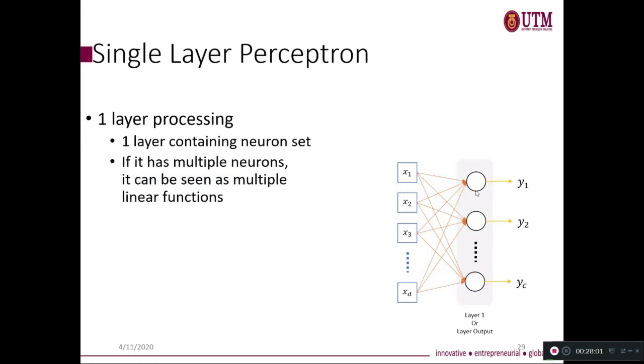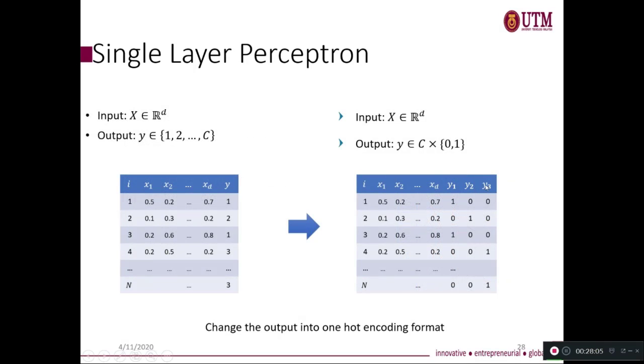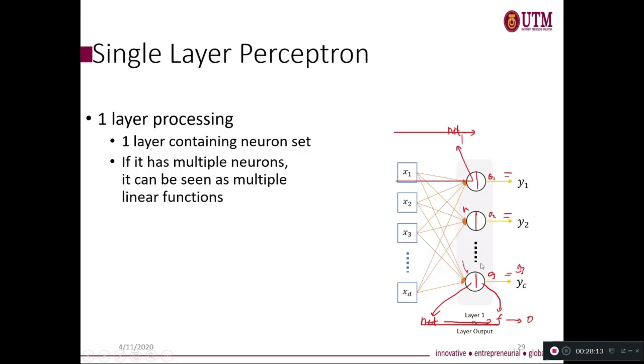From that one hot encoding, because you have three outputs, these three outputs need to be represented by these three neurons. Once they are represented by these three neurons, you have three logistic regressions. This is the first logistic regression, this is another, and this is another one.